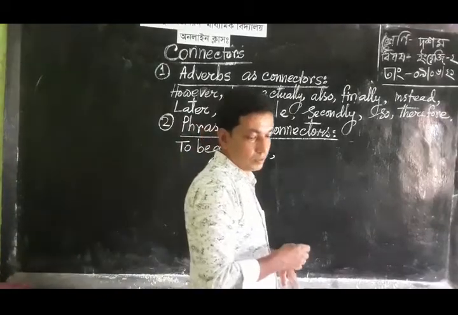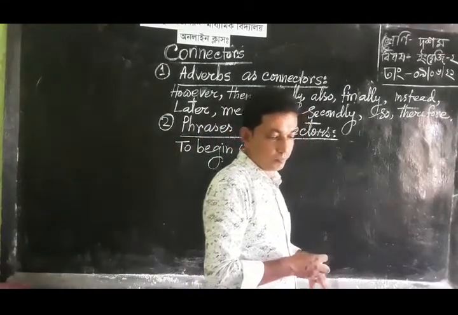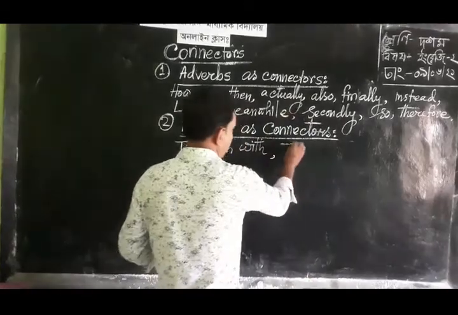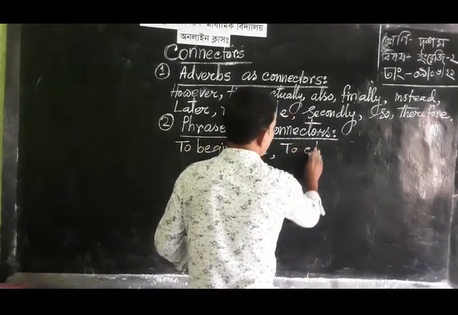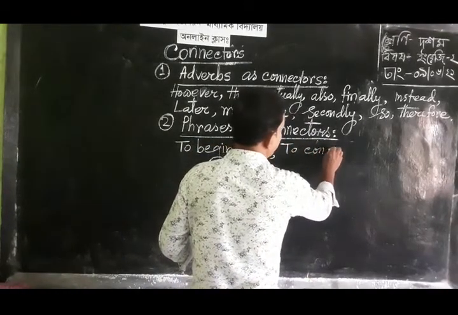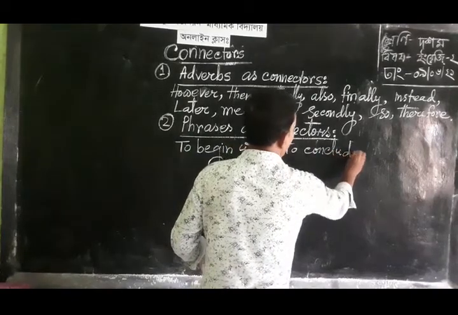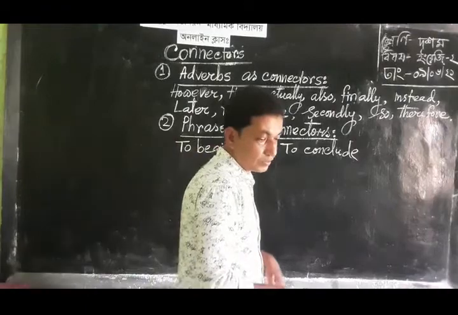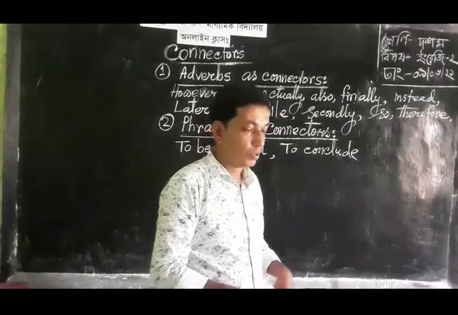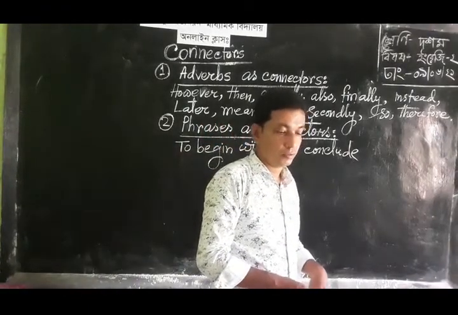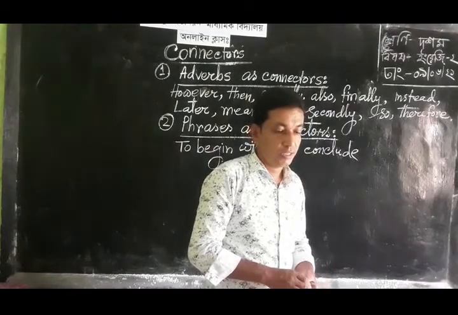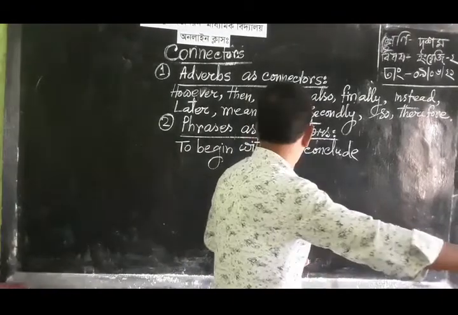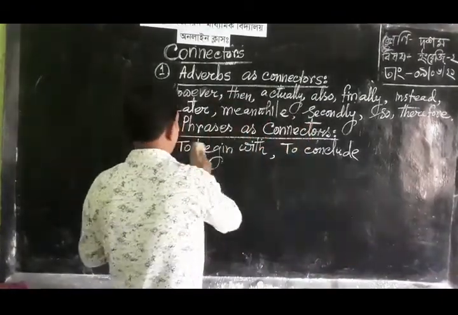And next, to conclude. To conclude is a phrase, because here there are two words. To conclude is not an example of a simple phrase, it is an infinitive phrase.